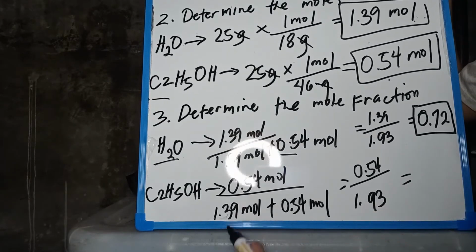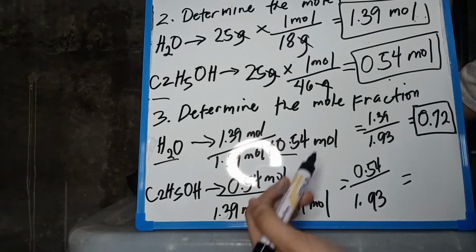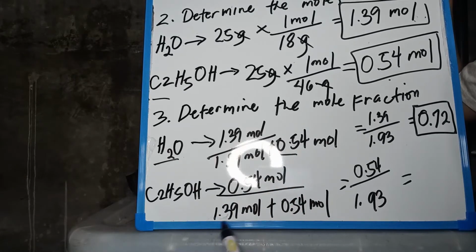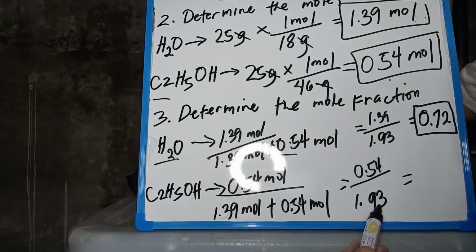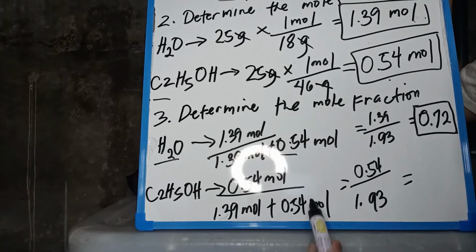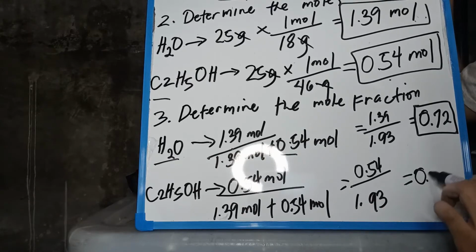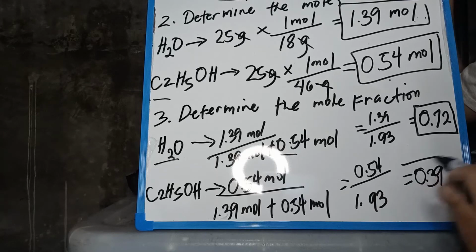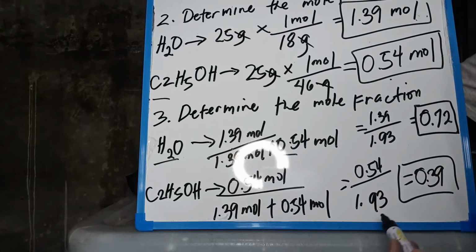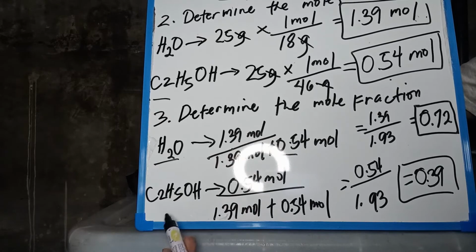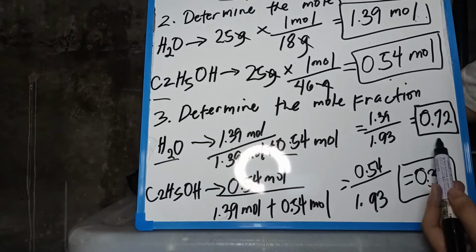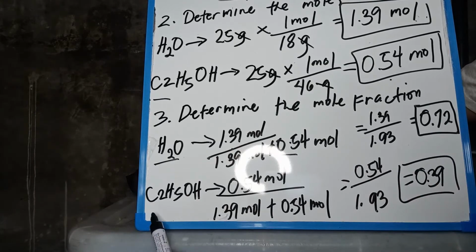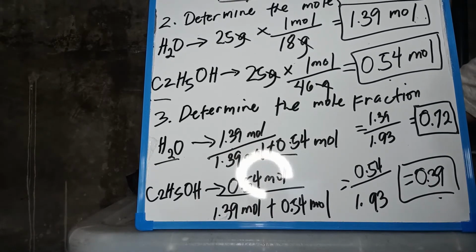So, same gihapon, is just that ang pagka-arrangement. So, 0.54 divided to 1.93, it is equivalent to 0.39. So, this is now the mole fraction of ethanol. So, the mole fraction of water is 0.72, while the mole fraction of ethanol is equivalent to 0.39.